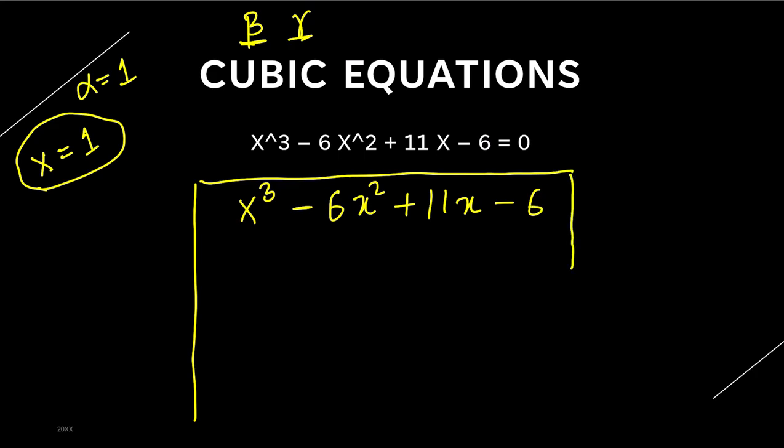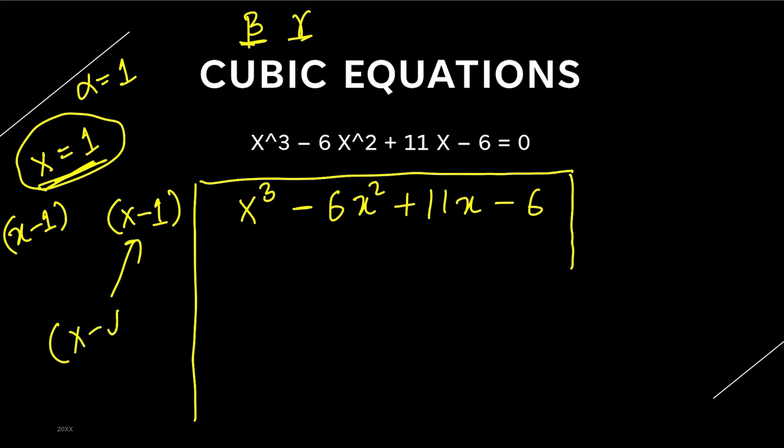I hope you remember it, like the normal division we do. We put this equation here, and since x is equal to 1 is the root, x minus 1 is one of the factors. So if alpha were, suppose, minus 1, then you would have put x minus of minus 1, that is x plus 1.